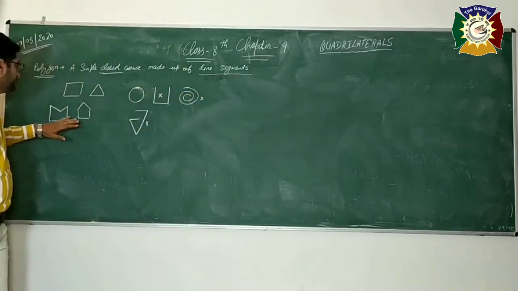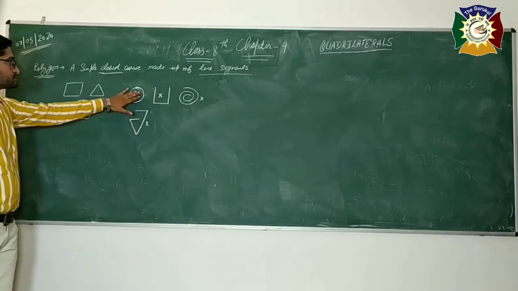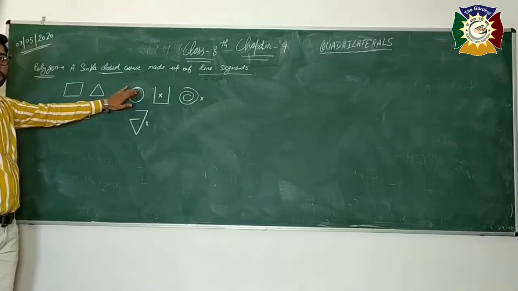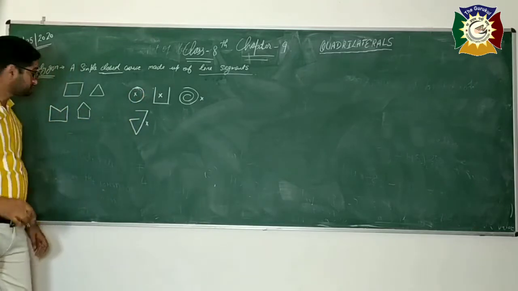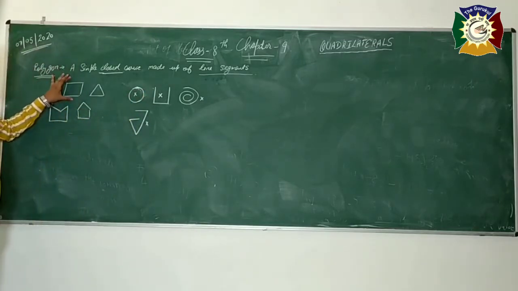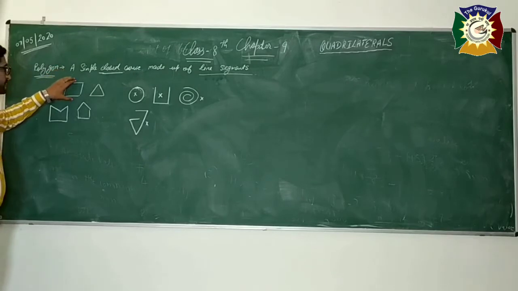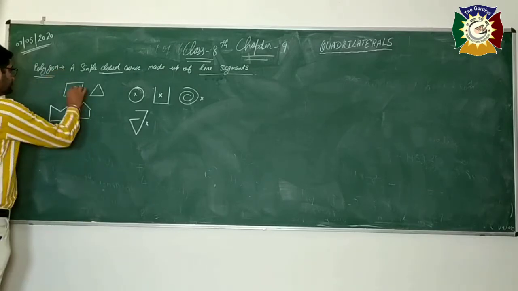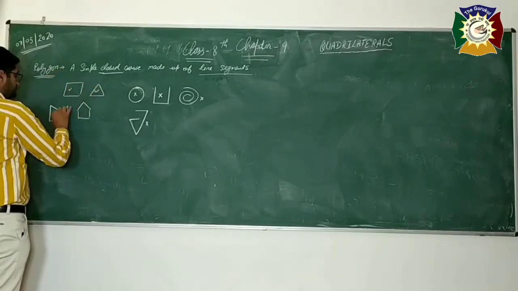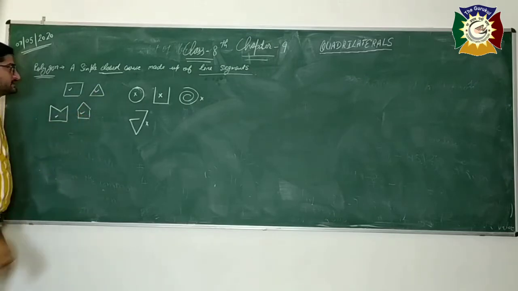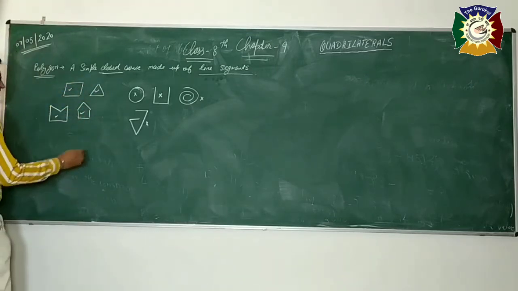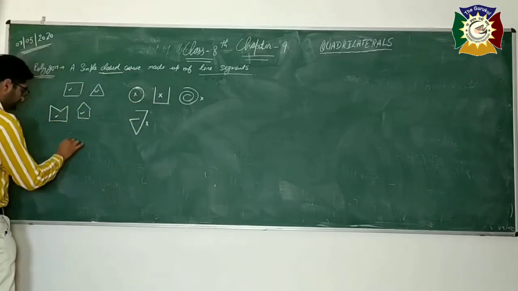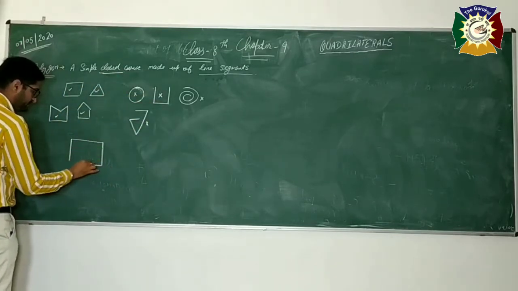You can see that this is a closed curve, but it is not made by line segments, so it is not a polygon. Here you can see it is a closed curve made up of line segments. So this one, this one, this one and this one are the polygons.